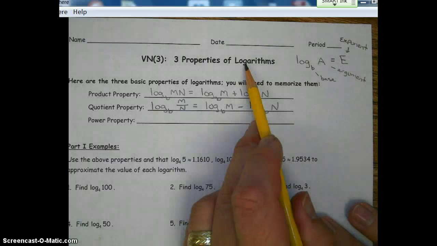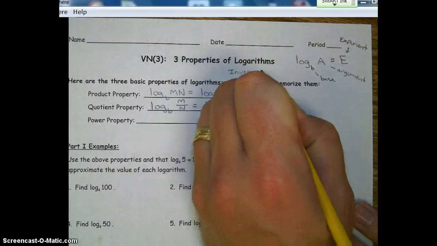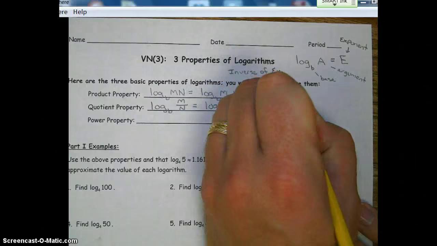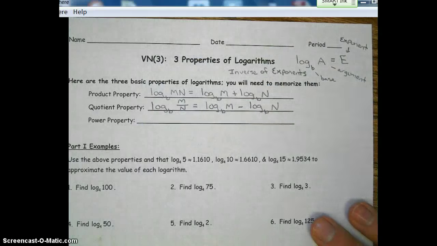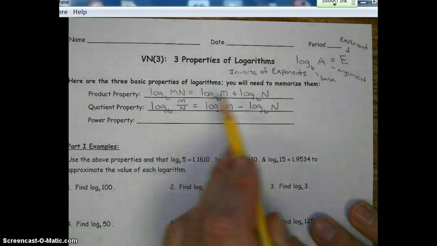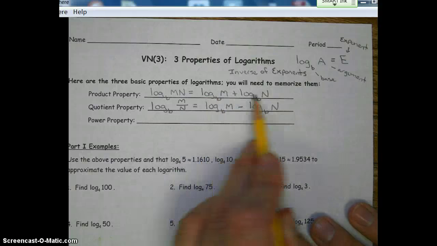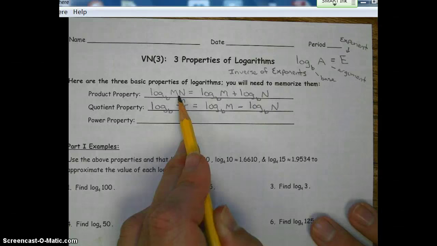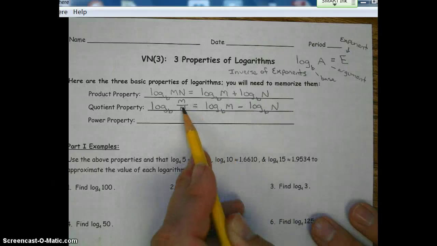Logarithms represent the inverse of exponents. Remember when multiplying like bases, you add the exponents? Think about this. Here we're multiplying, here we're adding. So when we're adding two exponents, we're multiplying the two arguments together. Here we're subtracting. Remember that goes with division under your exponent rules.